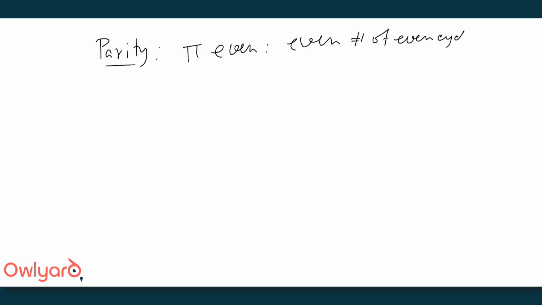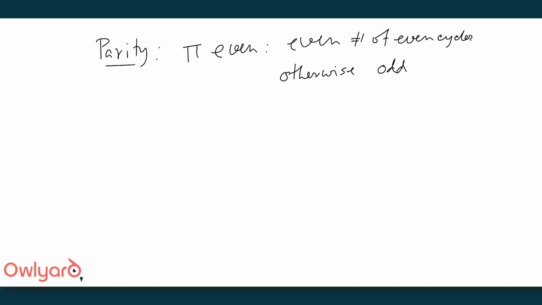And even cycles means cycles of even length. So the length of a cycle is an even number. This is where the permutation is even, and otherwise we call the permutation odd, or it has an odd parity.